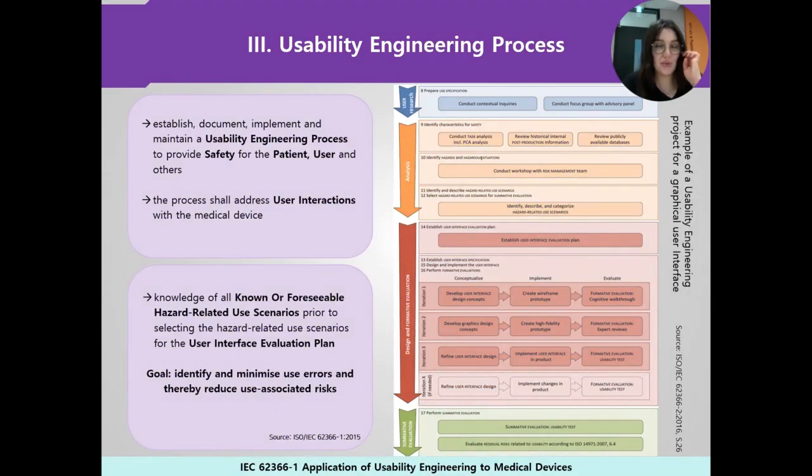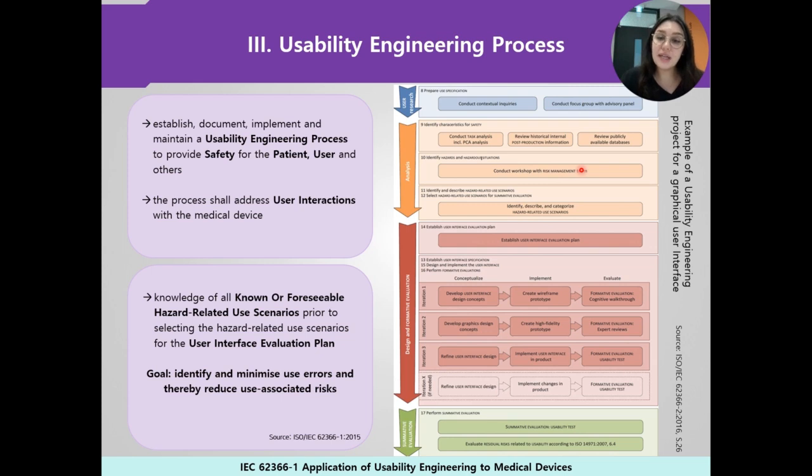So basically going to the main part, which is the usability engineering process, we have a little diagram here, which is an example of a usability engineering project for a graphical user interface. So this is just an example. But what is the usability engineering process?